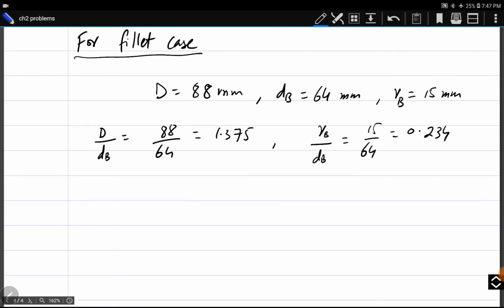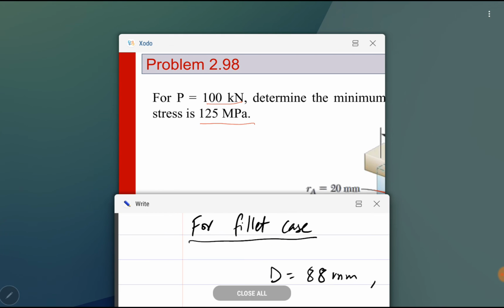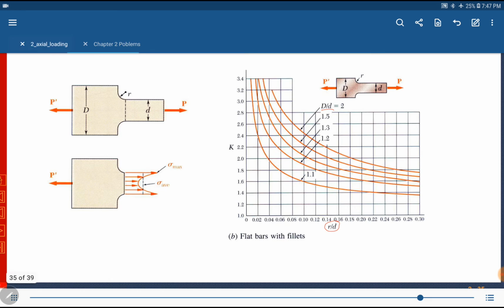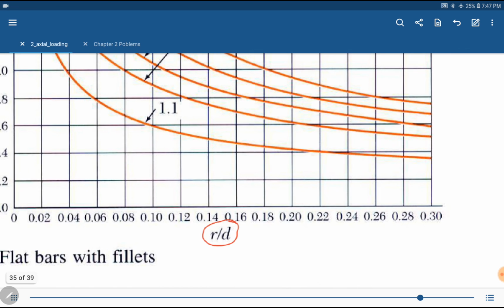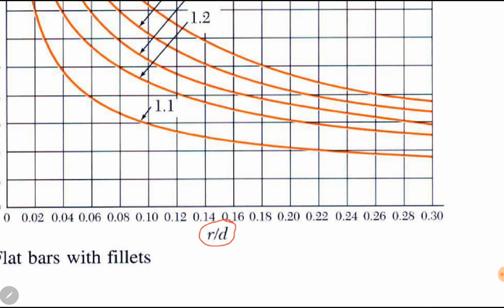So now we will go to the figure and find the value of K at D by d ratio of 1.375 and r by d ratio of 0.234. 0.234 is almost here.